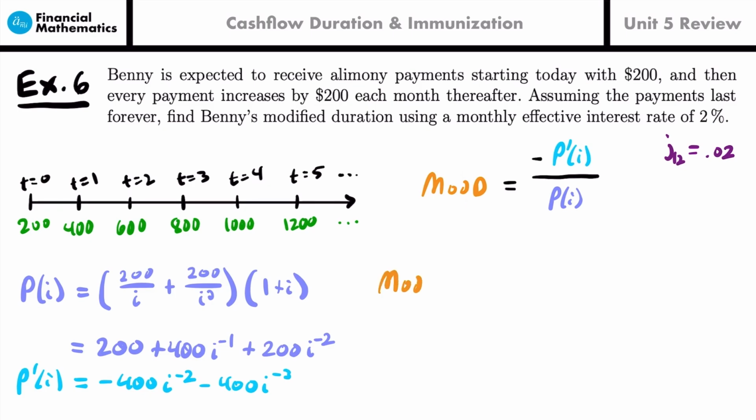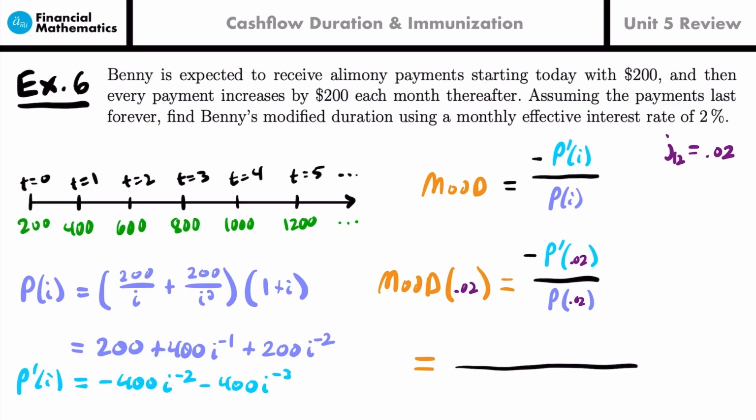All right, so here's what we're going to have. The modified duration at an interest rate of 0.02, that's the monthly effective interest rate, for Benny's alimony payments, will be equal to the negative derivative of the present value function evaluated at 0.02 divided by the original price function evaluated at 0.02. And so here's what that will look like.